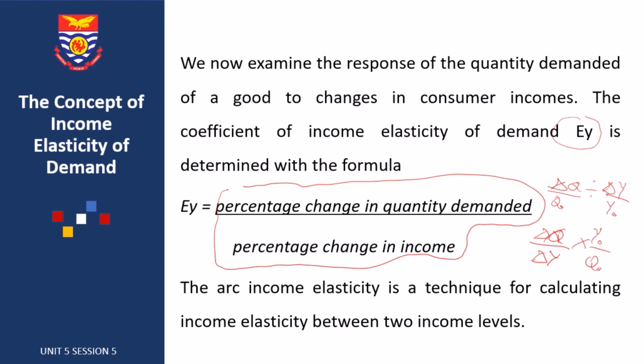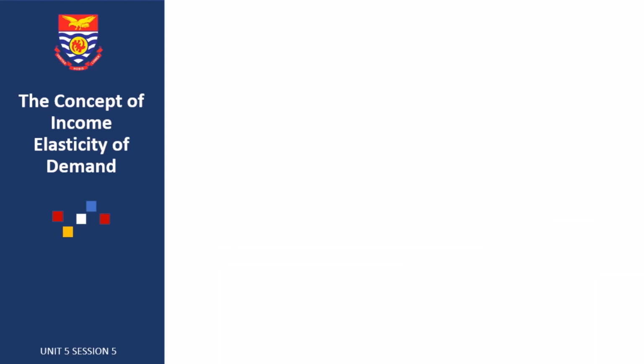But we are going to use the arc income elasticity. Here we use the average, given two different income levels. The arc income elasticity is a technique for calculating the income elasticity between two income levels, as we did for the own price. With two income levels, we have two different quantities. The change is Q2 minus Q1, and we find the average for this.